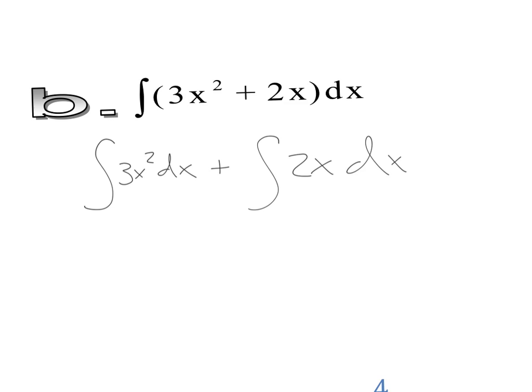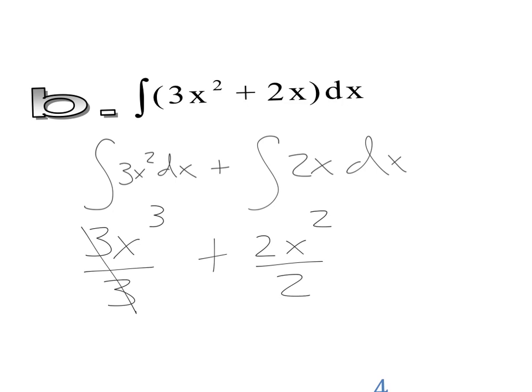And so the first one would become 3x to the third divided by 3, and we can see that these 3's cancel out. Plus the second one becomes 2x. This is an exponent of 1, and now it's going to become an exponent of 2, where we then divide by that new exponent of 2. And those cancel out. And so we end up that this whole thing simply equals, oh, I forgot something, right? Plus c. So we find out that this thing simply equals x cubed plus x squared plus some constant c.